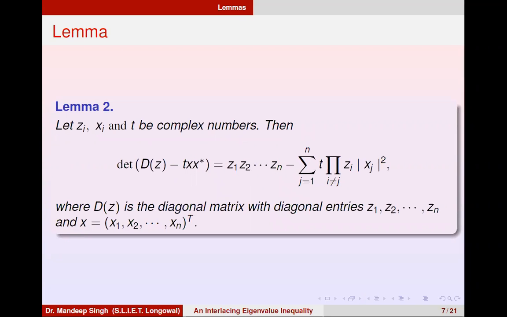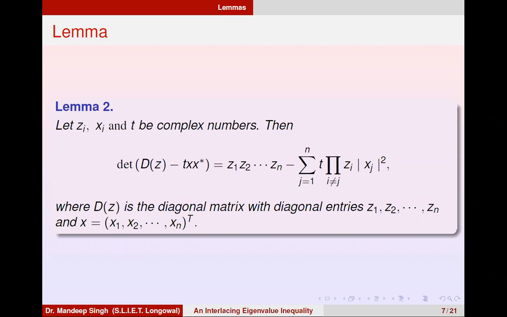Then using this, if z_i, x_i, and t are complex numbers, then the determinant of the matrix would be exactly this, where D_z is a diagonal matrix with diagonal entries z1, z2, ..., zn, and x is a column vector with components x1, x2, ..., xn. Are you clear with the statement?